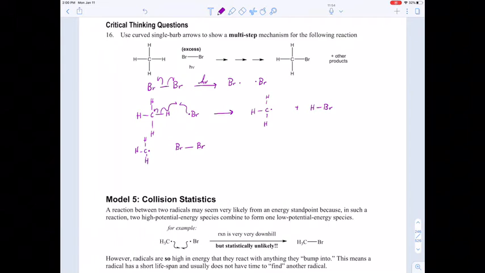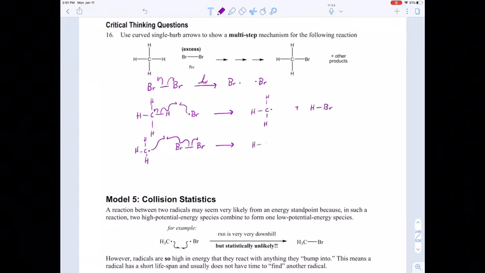What do you think is going to happen here? It's going to be the same thing: this radical is going to come in and say, hey, I need to react. Okay, so that could happen.